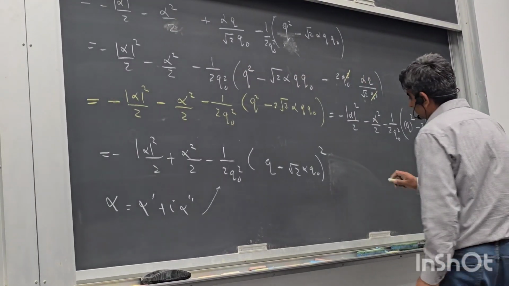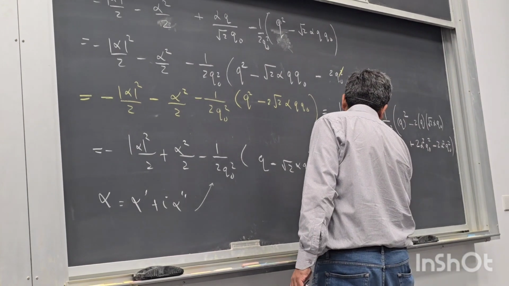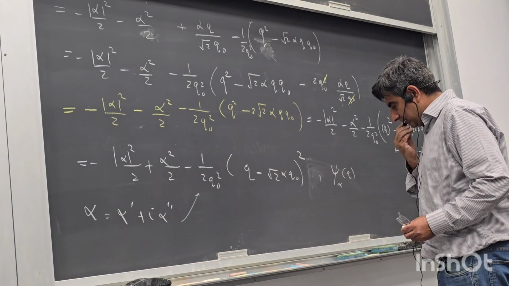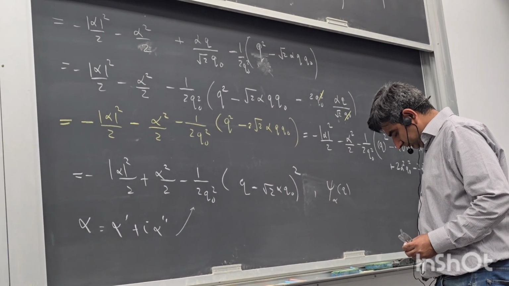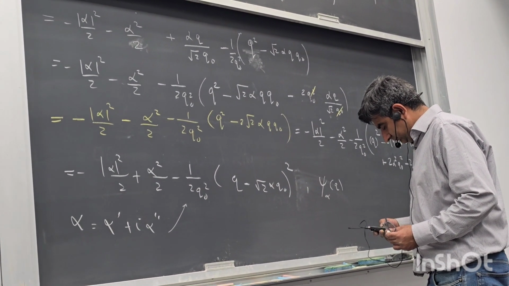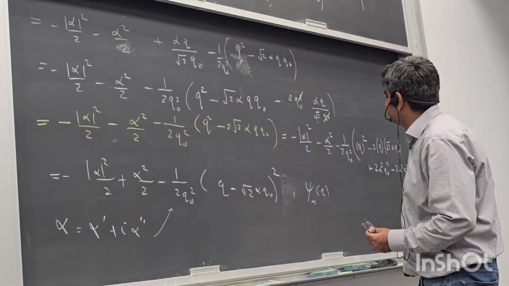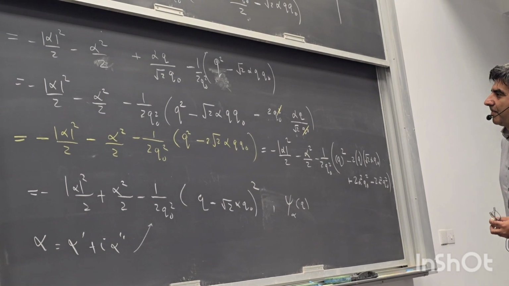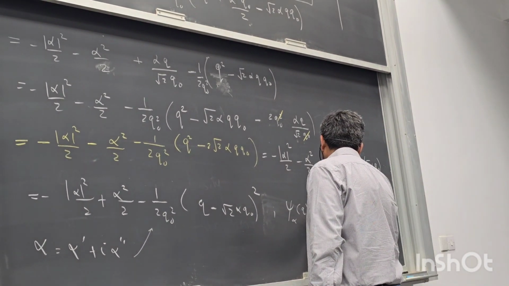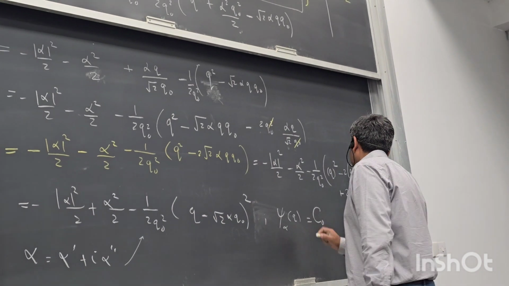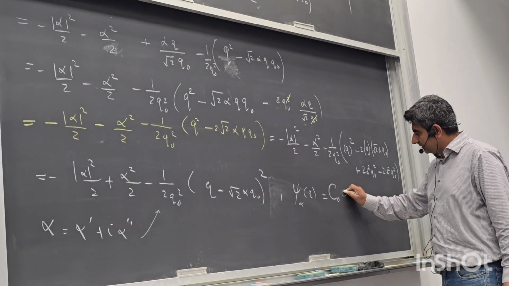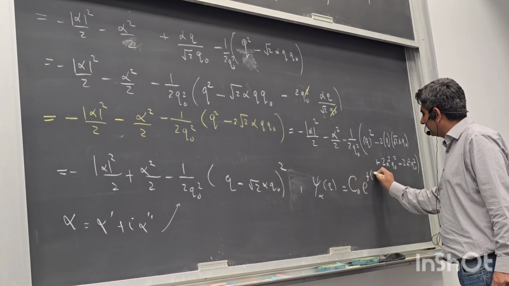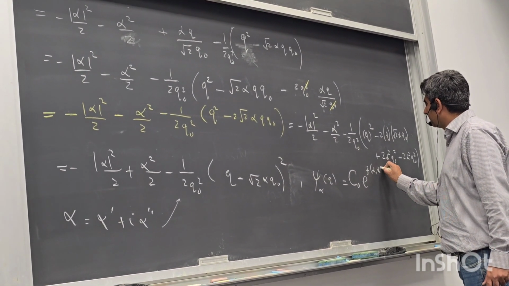Eventually, your wave function will have a C naught, some terms with some function of alpha and alpha double prime, right?